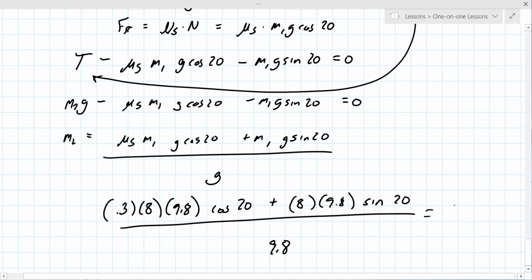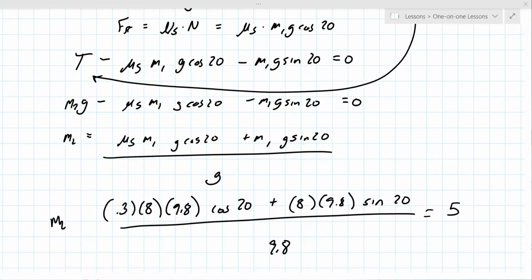So this equals about 5, which is interesting. Yeah, I get that too. So M2 equals 5. What would this unit be?